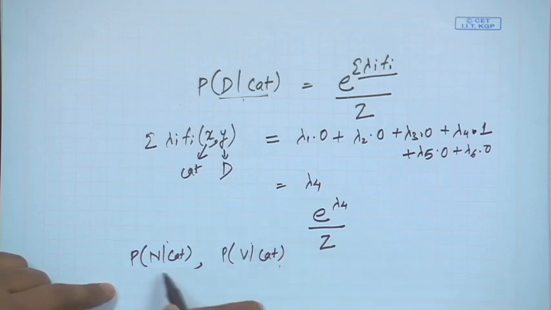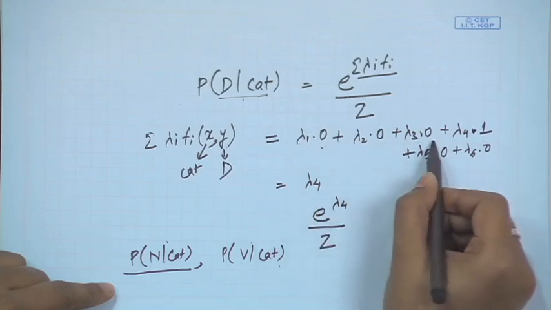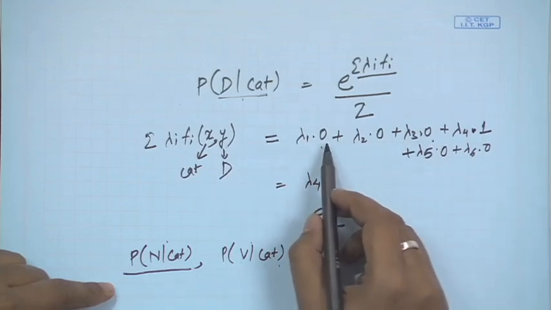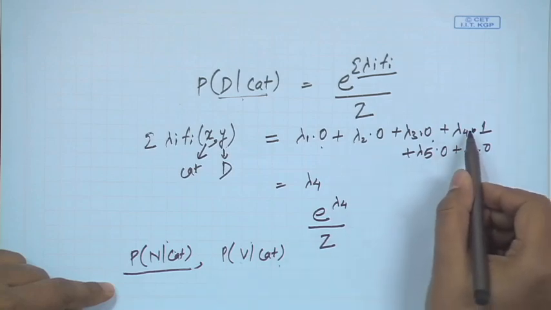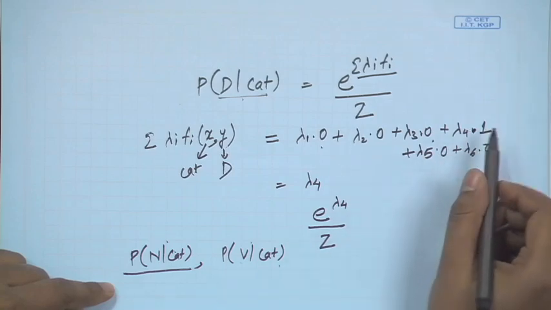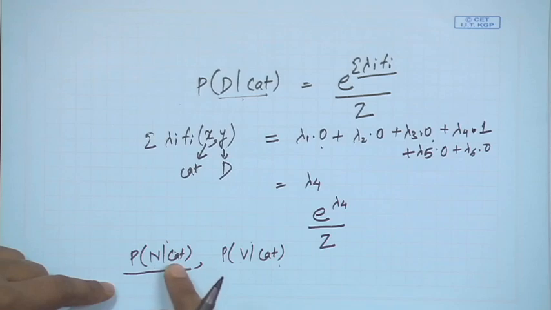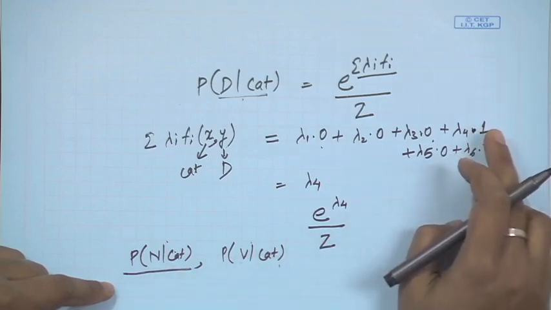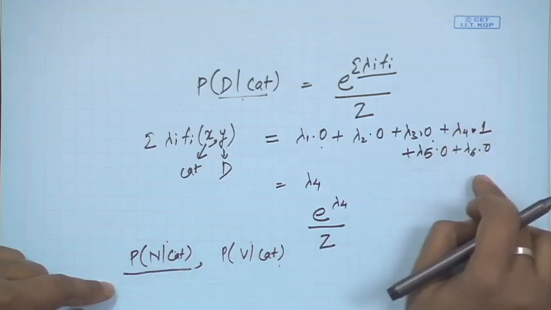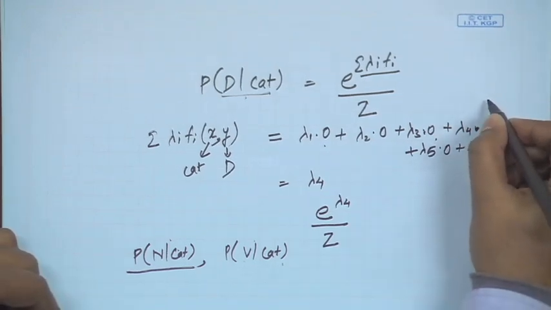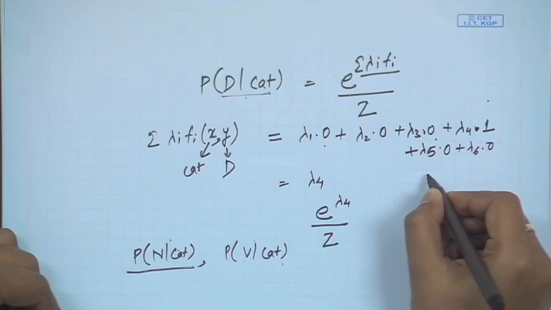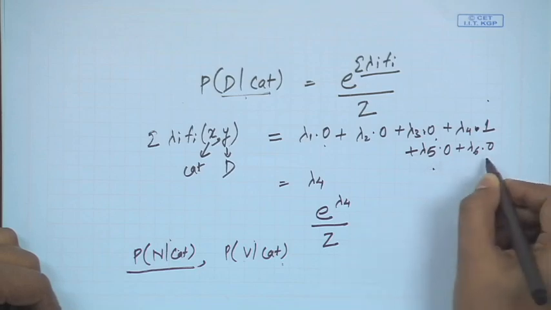So what will happen when you compute probability n given cat? The first 3 features again use the words A, man and sleeps, that is not here. The 4th, 5th and 6th features are using the words in v prime. So the word cat is in v prime, so the features can be one from f4, f5, f6, but now I have to see the tag. For f4 the tag was D, for f5 the tag was n, and for f6 the tag was v.